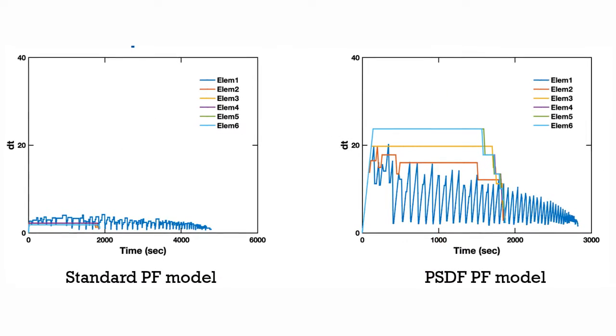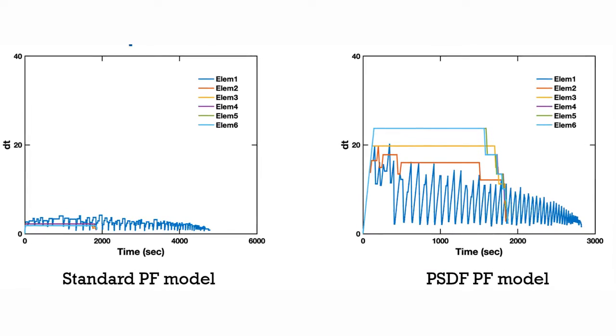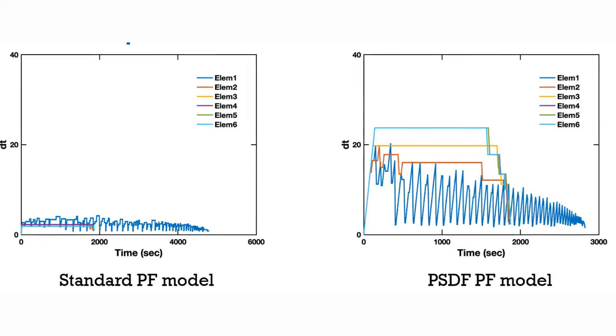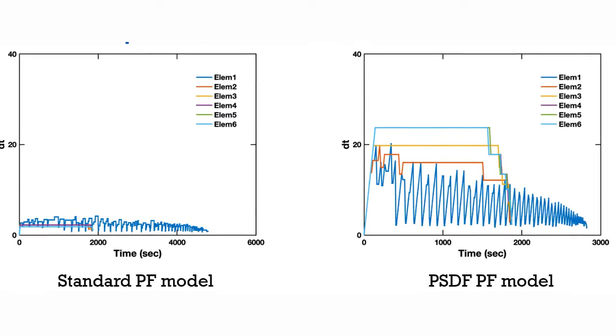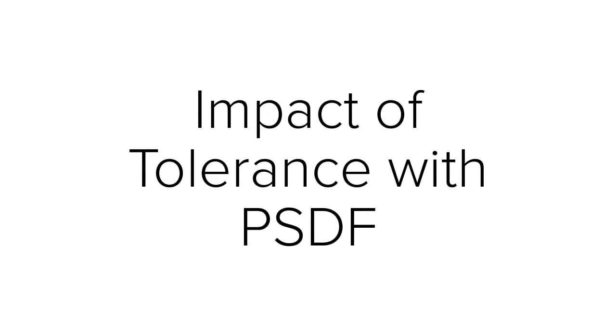This right here is the comparison of standard phase field and PSDF phase field model, and it shows that the PSDF is way faster than the standard phase field model. When finding this out, we wanted to know how the tolerance impacts the PSDF results.